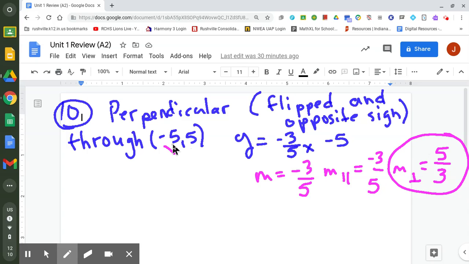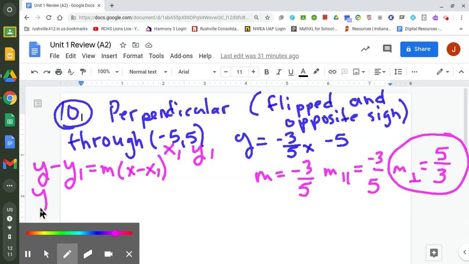And our point, we've got x1, y1. So again, our formula is the point slope formula, y minus y1 equals m times x minus x1.